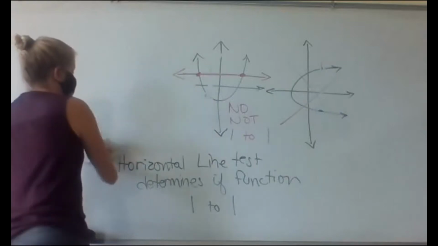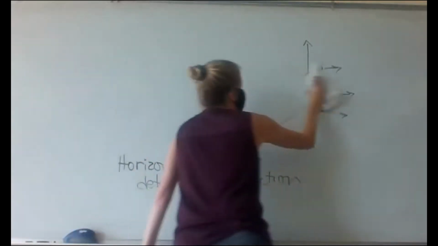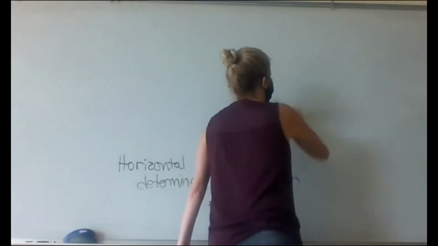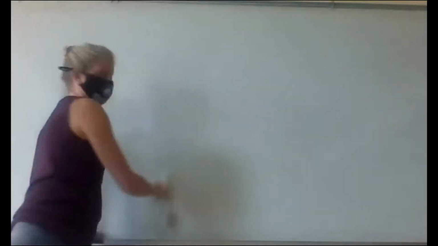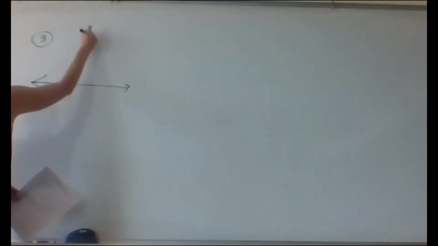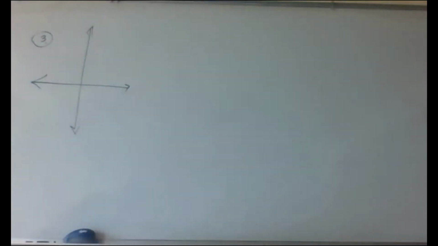Which is simply just seeing if these graphs pass the horizontal line test. Number 3 looks like this. My x-axis, my y-axis, then the graph of it looks like this.